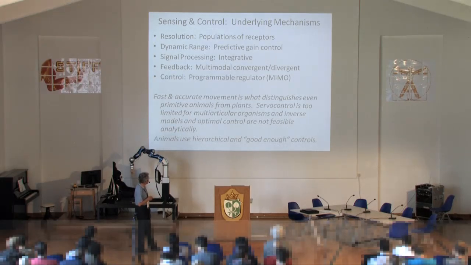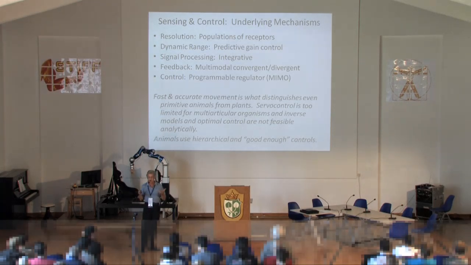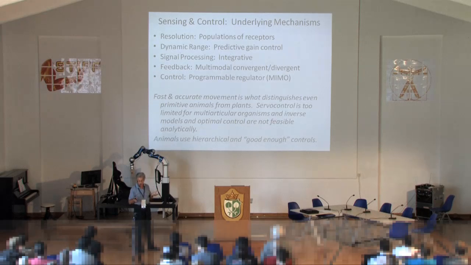So again, being able to make fast and accurate movements is essentially the fundamental thing that differs animals from plants. And so getting this right, after you've gotten a system that has desirable efficiencies built into the properties of the muscle, is necessary and important.